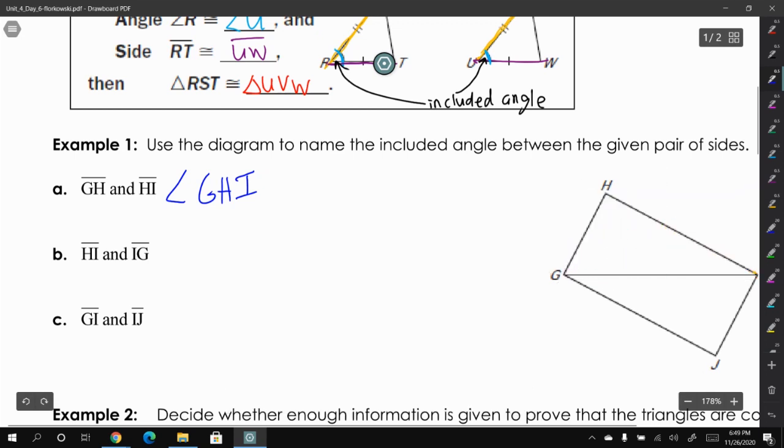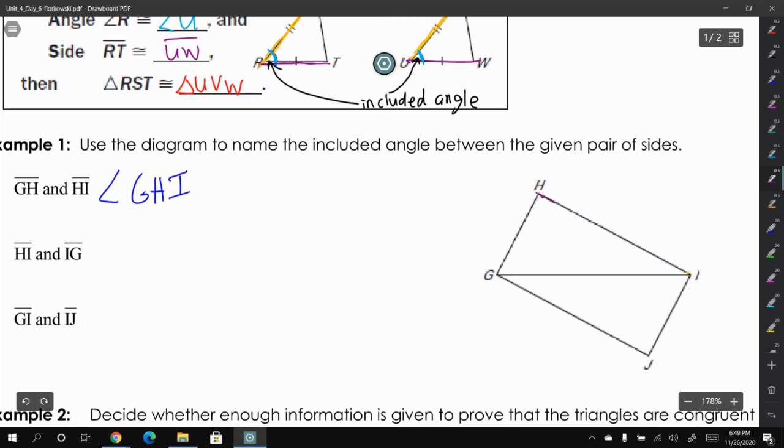All right, then we have HI and IG. So that included angle is right here. So angle HIG or angle GIH.